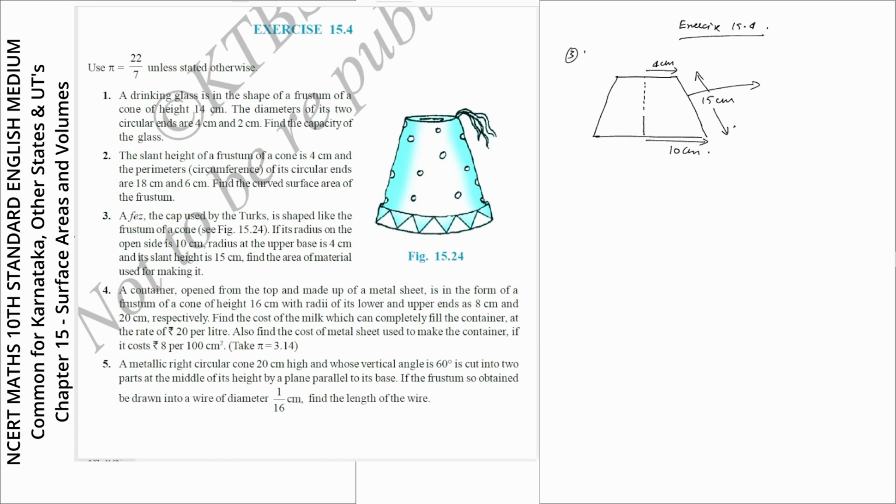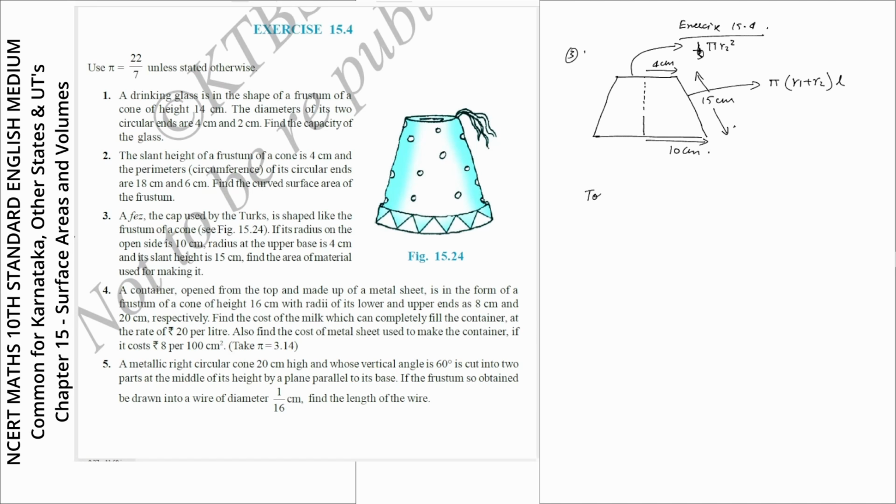So this area is given by pi into R1 plus R2 into L, where L is the slant height. And what is the area of this top circle given by? Pi R2 square, where R2 is the radius of the top circle. So what is the total area?